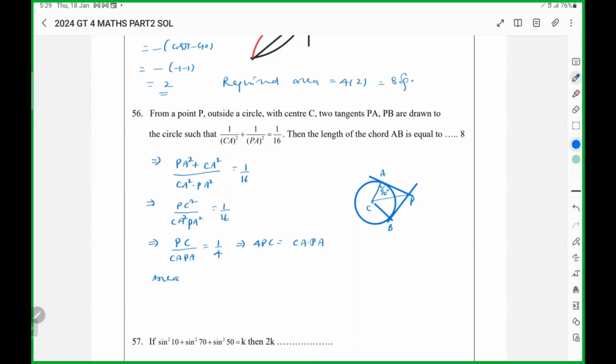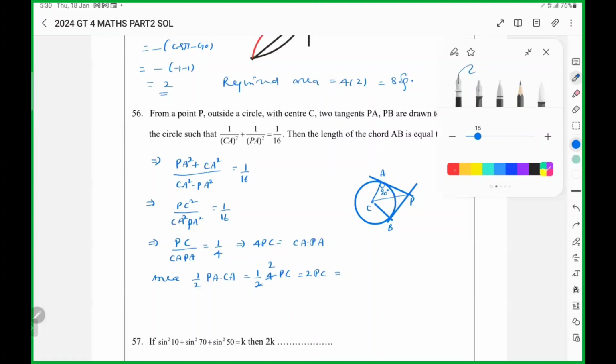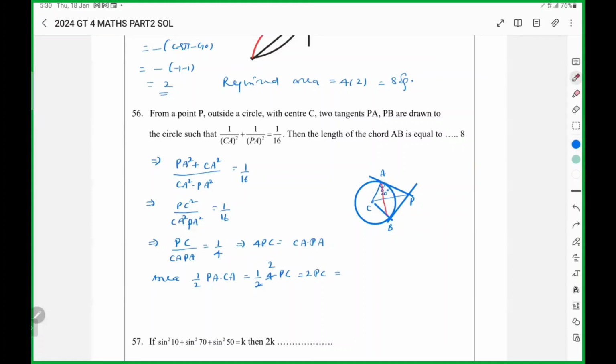Area will be half into PA into CA, which is nothing but half 4PC, which is 2 times PC, which is also same as half into CP into AM.